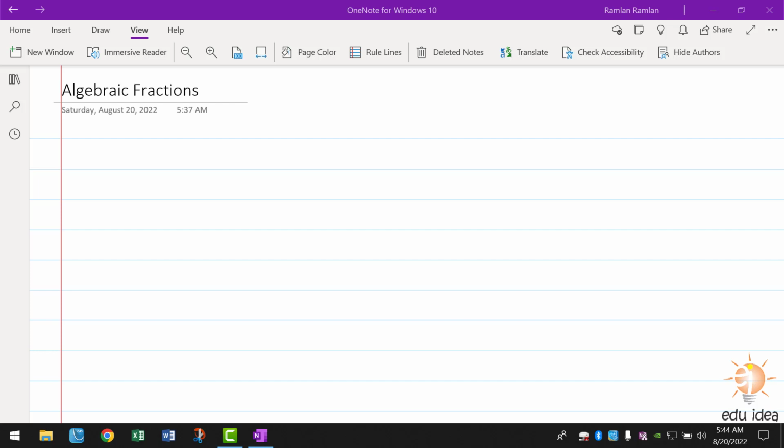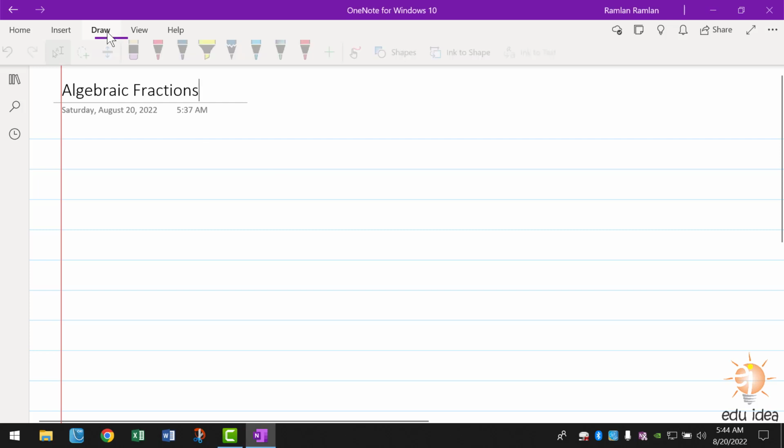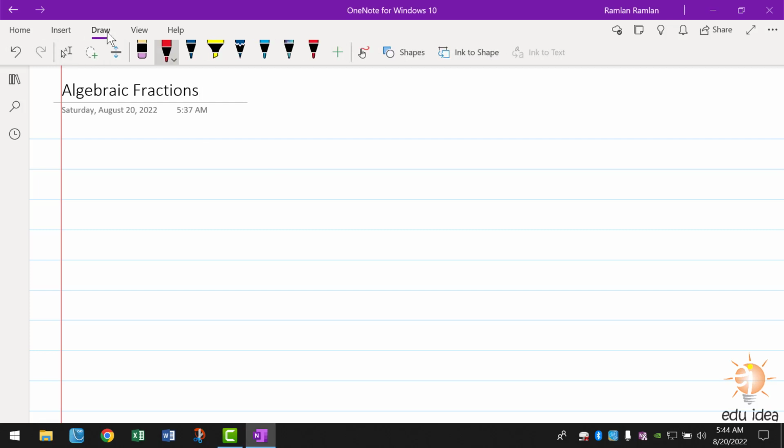When we're talking about fractions, there are a lot of things that you need to understand first before we go to the algebraic fraction. So let's start from a very simple fraction concept that we learned when you were in primary school and also in grade 7.